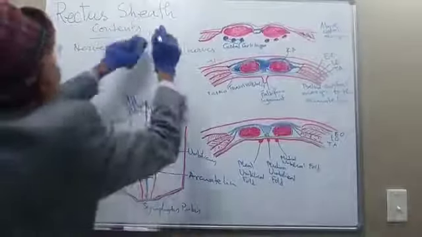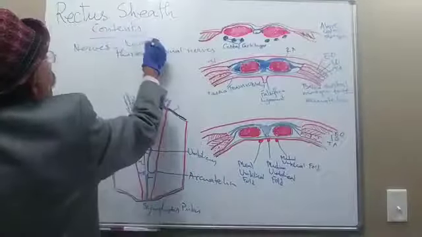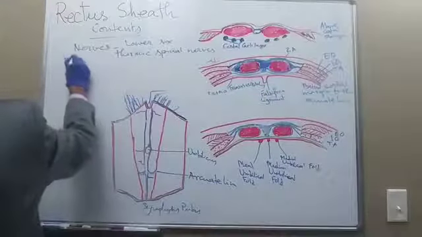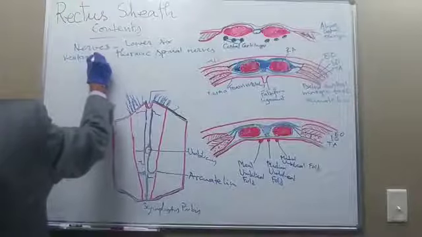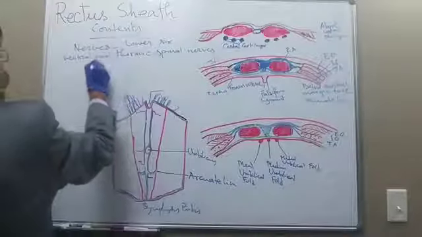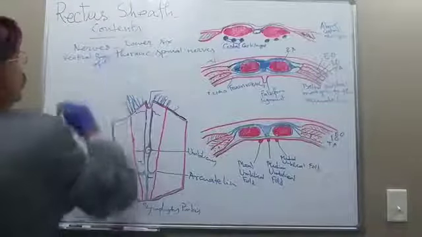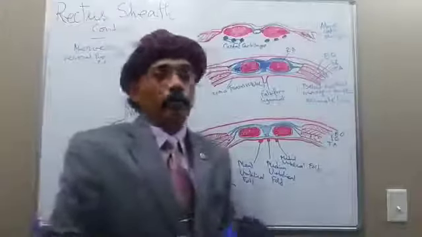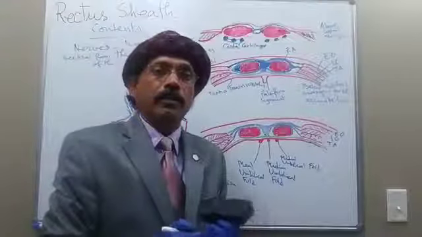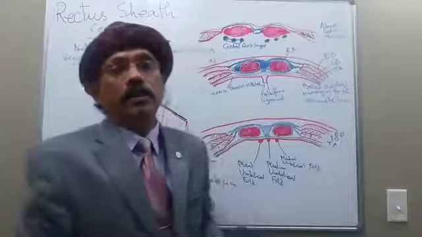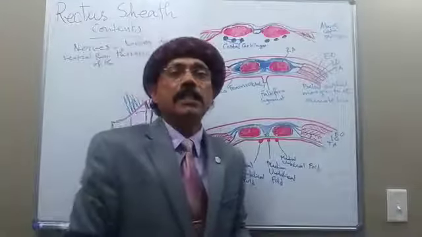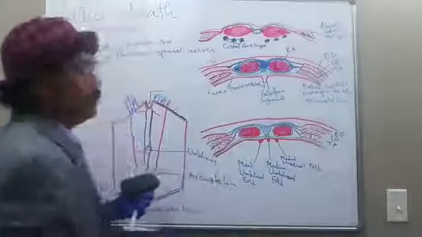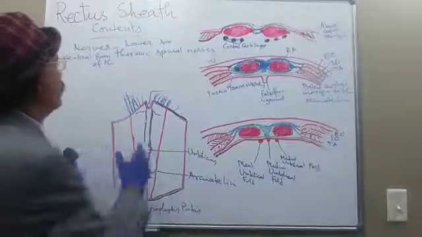Lower 6 ventral rami of the thoracic spinal nerves. Okay, these are also called thoracoabdominal nerves. These are the T7, T8, T9, T10, T11. Okay, we'll get T11 plus the subcostal nerve.